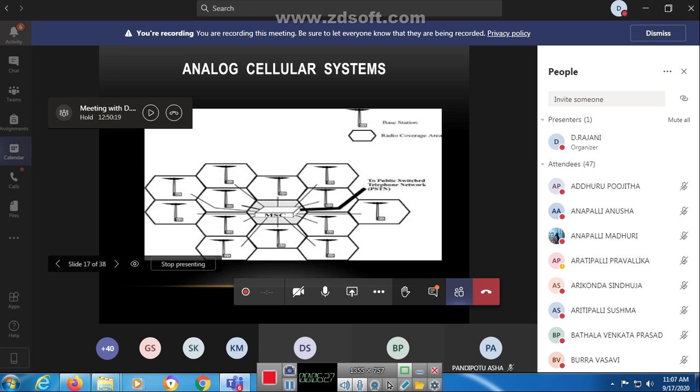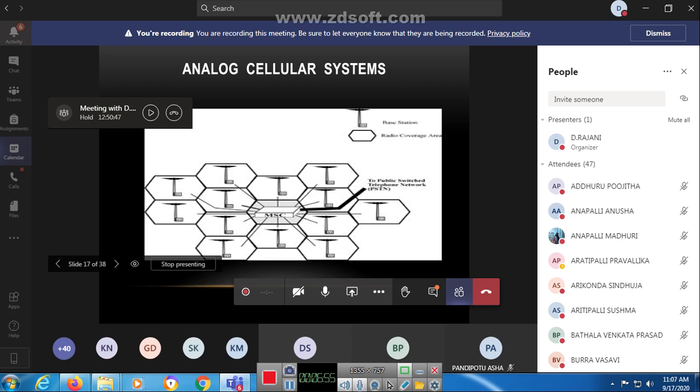This is the base station for any cell site. For the base station, nearby there is the mobile switching center. Meanwhile, it covers from the base station to the mobile switching center, the coverage area. For example, we can take up to 100 kilohertz or 200 kilohertz, whatever, say one limit of 100 kilohertz.